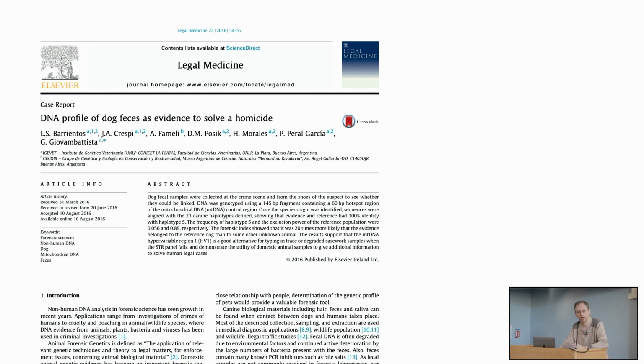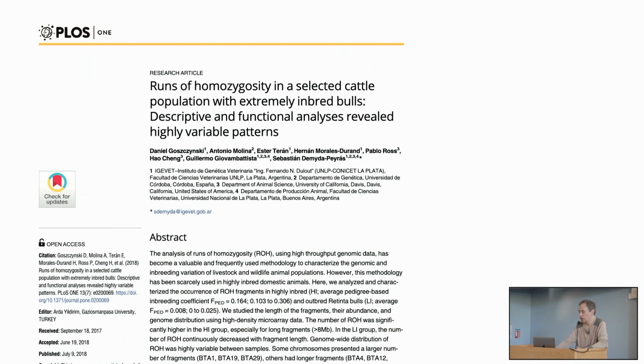It was in the public eye because this was original to check, because from fecal material the DNA is very degraded and it's difficult to extract information from there. And we have runs of homozygosity, which measure the inbreeding levels, and this gives a measure of health risks in a population.